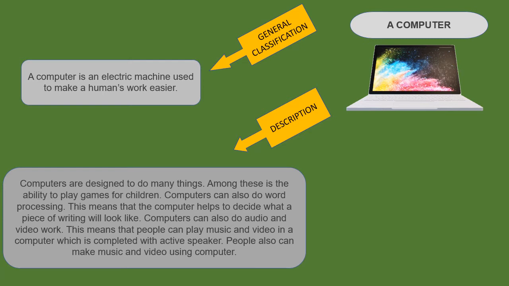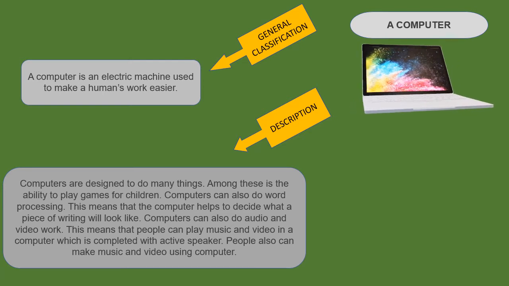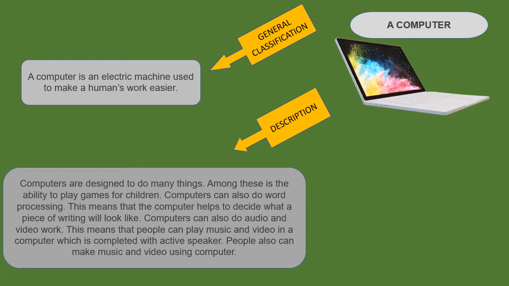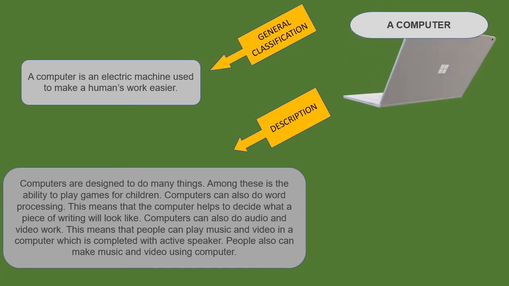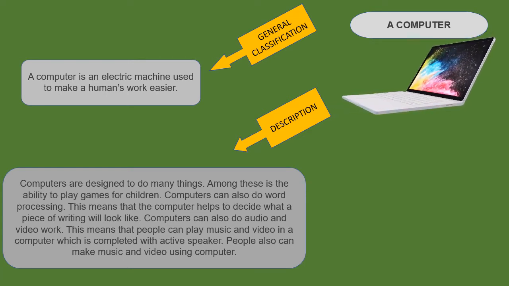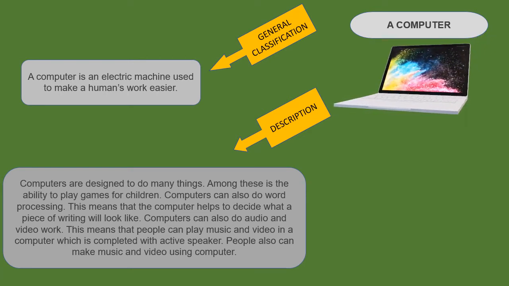And here's the next paragraph, the first description. Computers are designed to do many things. Among these is the ability to play games for children. Computers can also do word processing. This means that the computer helps to decide what a piece of writing will look like.